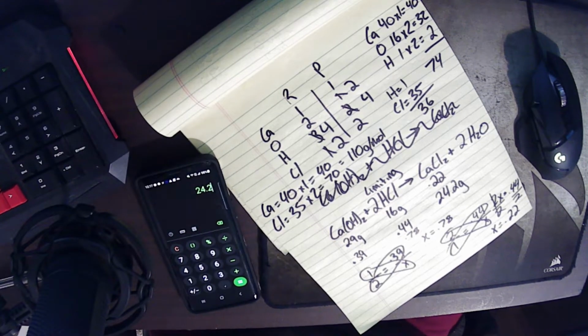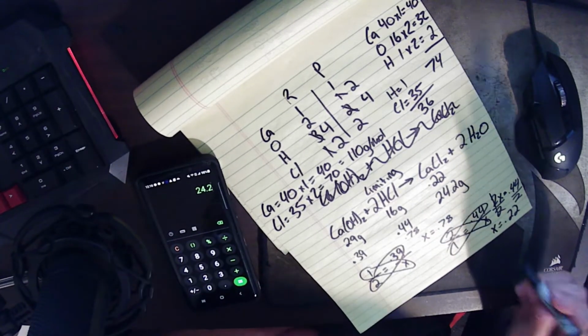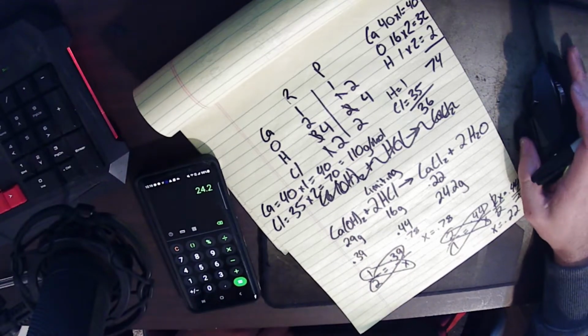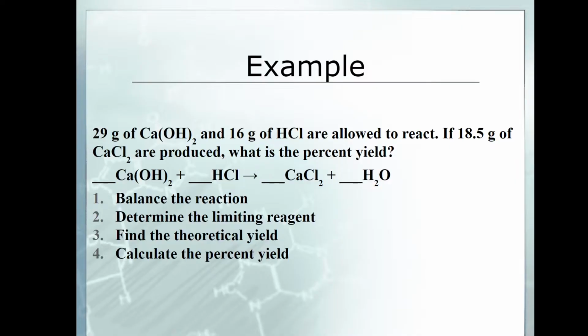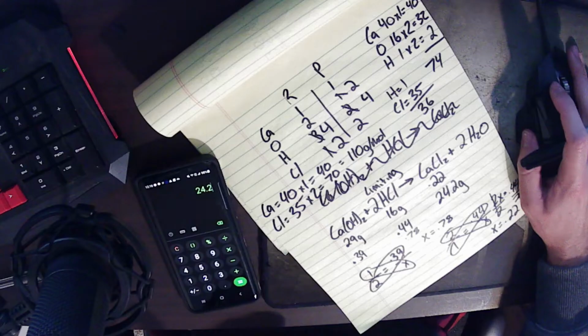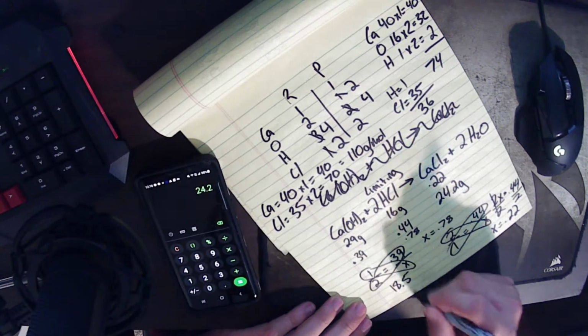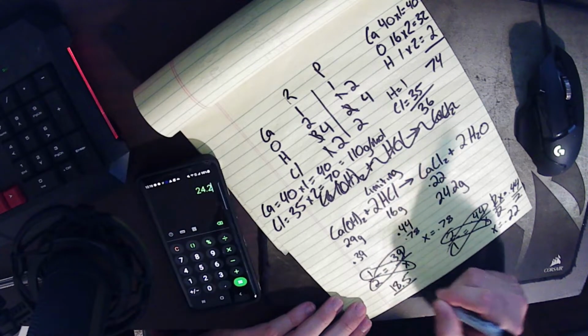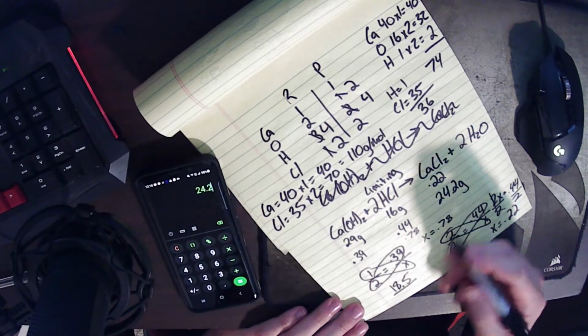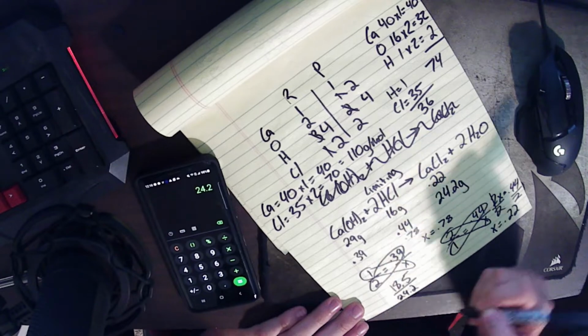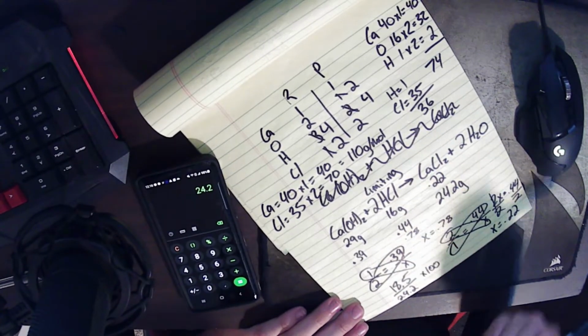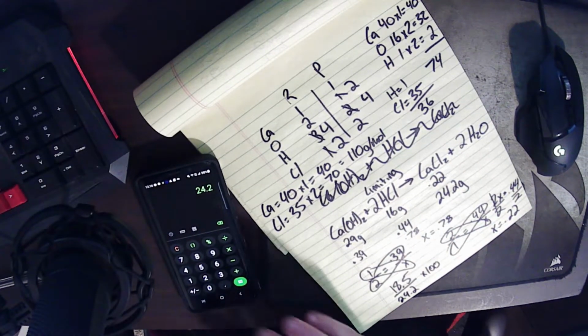So the new stuff for today is actually pretty simple, because all you've got to do is take the actual yield that you got in the problem, which if we go back and look, it says 18.5 grams of CaCl2 are produced. So we're going to take that 18.5, divide it by the theoretical yield that we calculated, our 24.2, and then multiply by 100, and that will tell us percent yield.